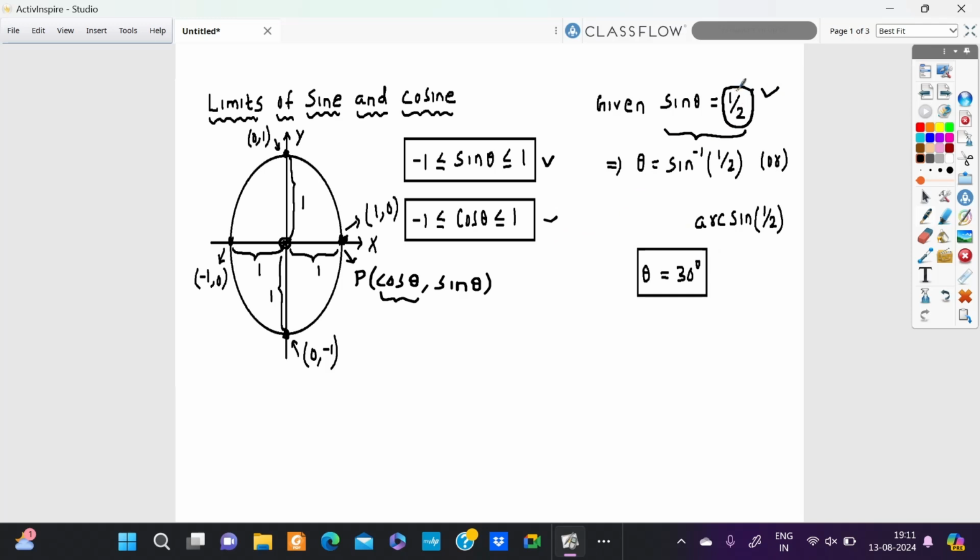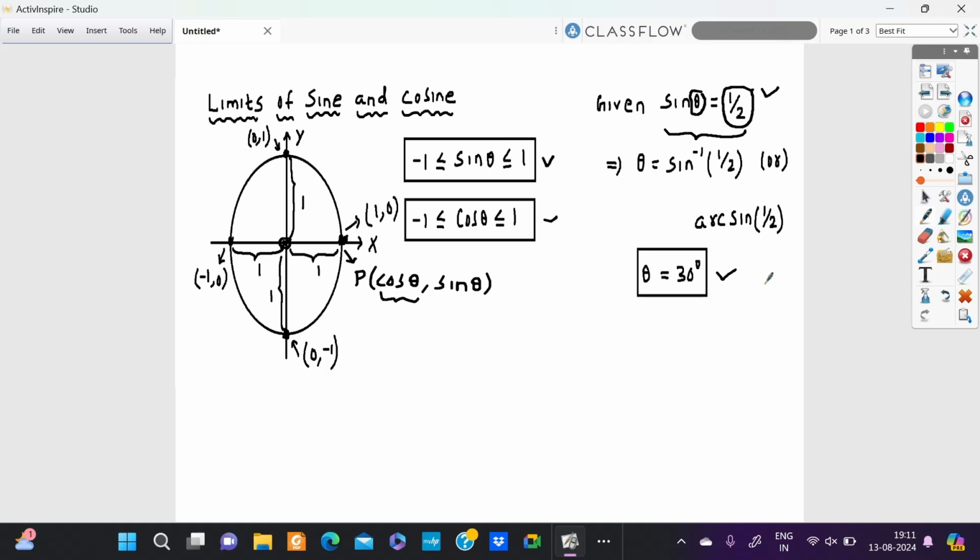So this 1/2 lies between -1 to 1. Therefore, the inverse is possible here. So how do we find theta from this equation? Theta is equal to sine inverse of the right hand side, or the arc sine of 1 over 2, which is 30 degrees, which is an acute angle.